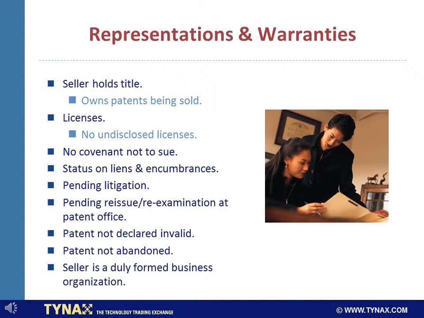All these representations and warranties are designed to ensure the seller has disclosed all the skeletons in the closet to the buyer, and the seller has not withheld significant facts that would harm the value of the patents being traded. If the patents are being sold by a corporation or another organization, the buyer often asks for assurances that the organization is properly formed and has full rights to sell the patent assets subject to the transaction.